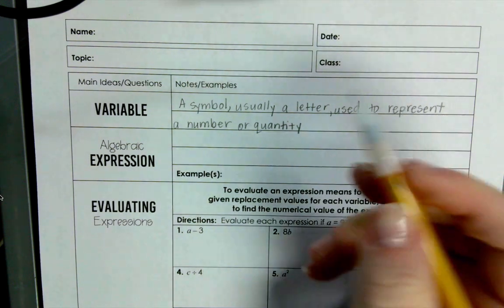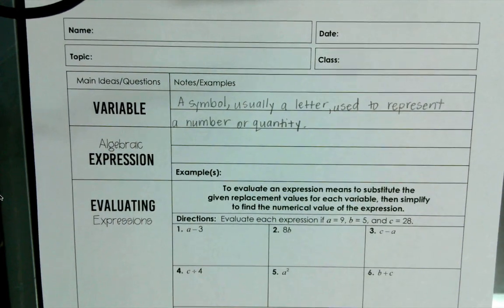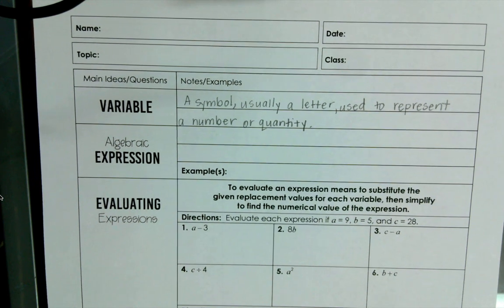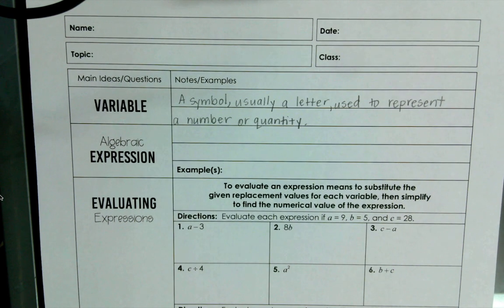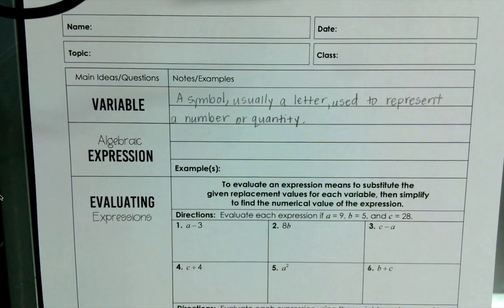Okay, so variables, they're usually letters. We have letters because we have an unknown, but they will represent a number or a quantity of something.